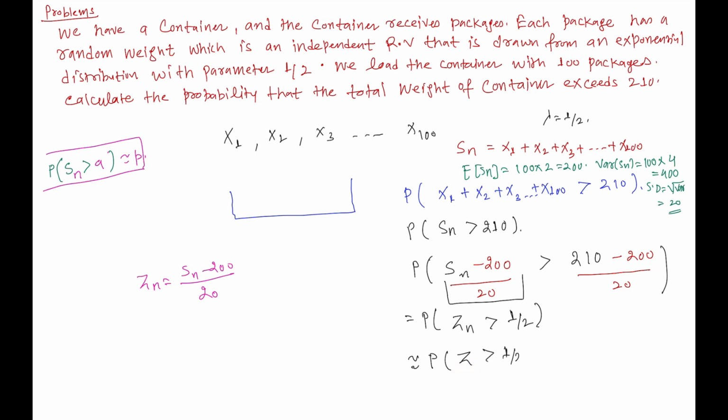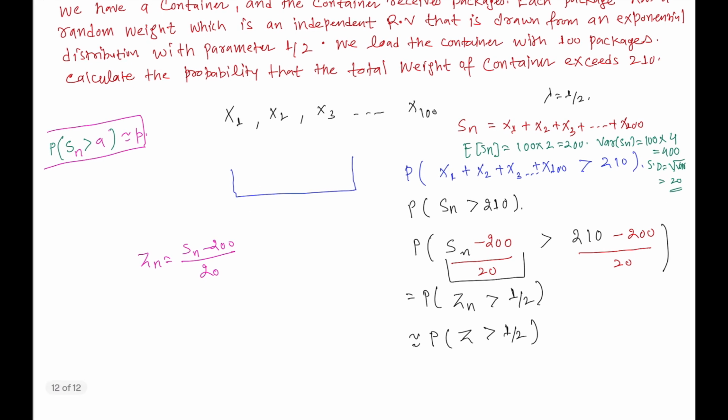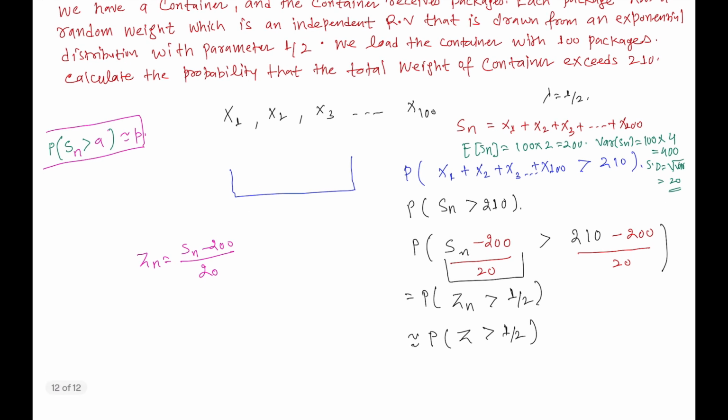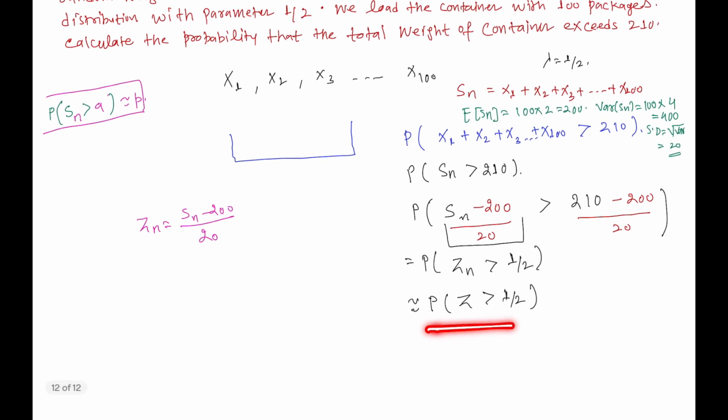How are we saying this? Using the central limit theorem, right? Now we just need to look up the standard normal table in order to find this probability. Let me first put this normal table in front of you, then we will calculate this probability.